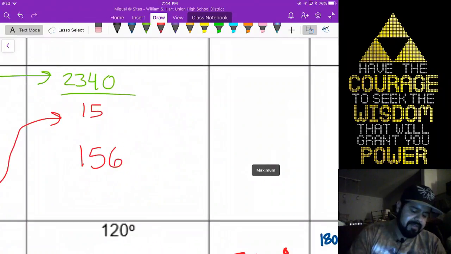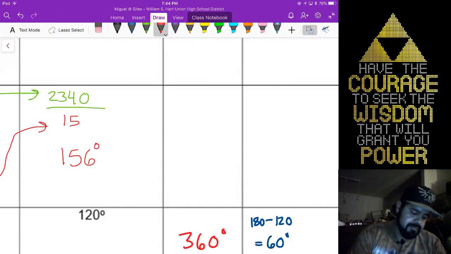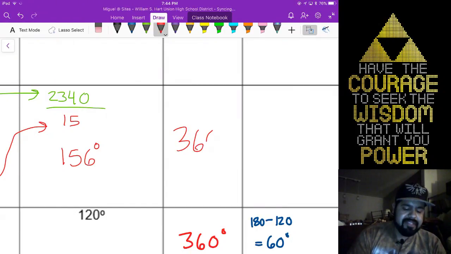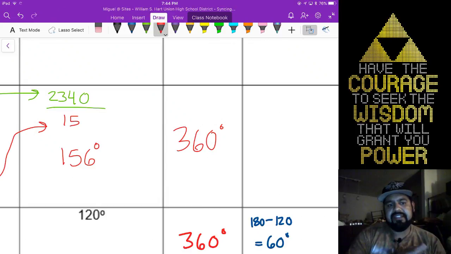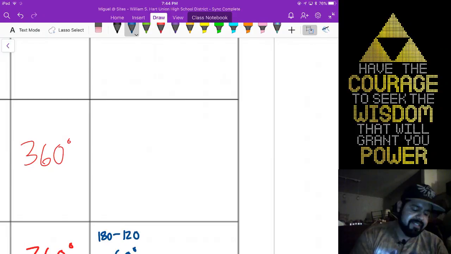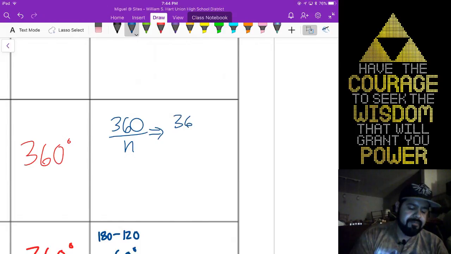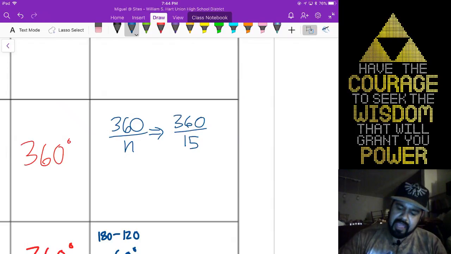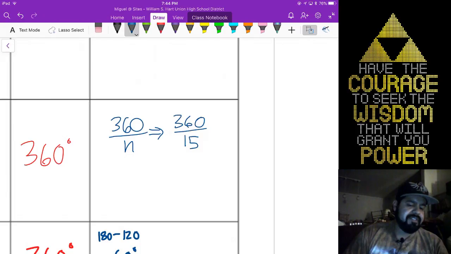So anyways, we have our 156, which was here. Again, back to what we said before, the sum of all our exterior angles will always be 360, no matter what. Now over here, we have the nice and simple formula, 360 over n. So we're going to say 360 divided by 15. So 15 times 4 is 60, so that's going to end in a 4.